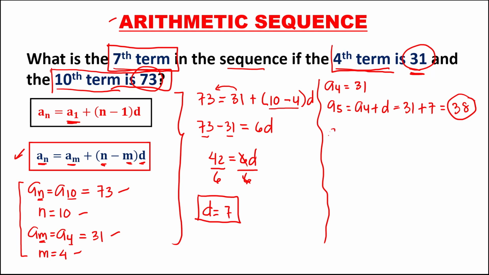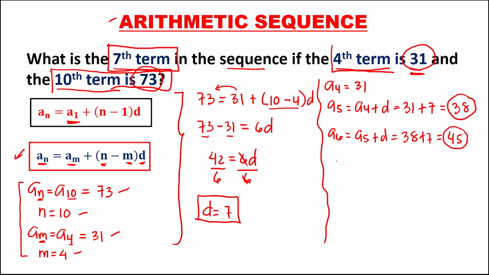Then to find the sixth term, the sixth term is equal to the fifth term plus the common difference, or this is equal to 38 plus 7. So the sixth term is equal to 45.